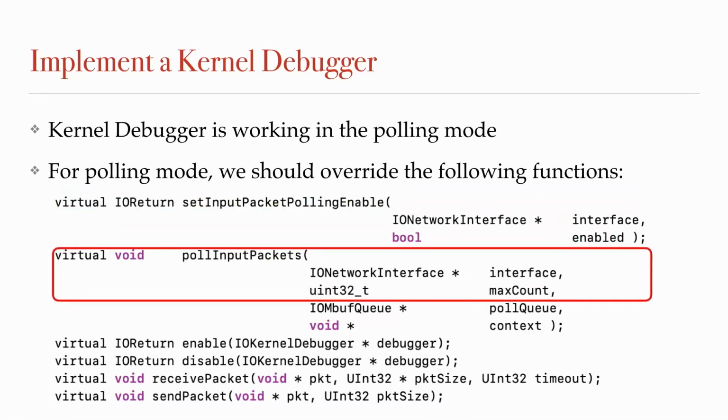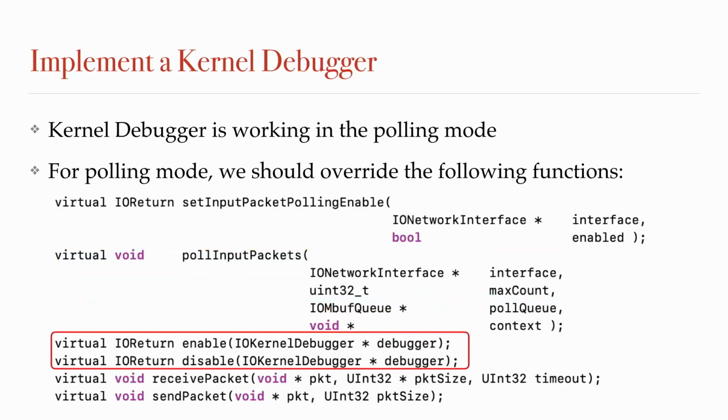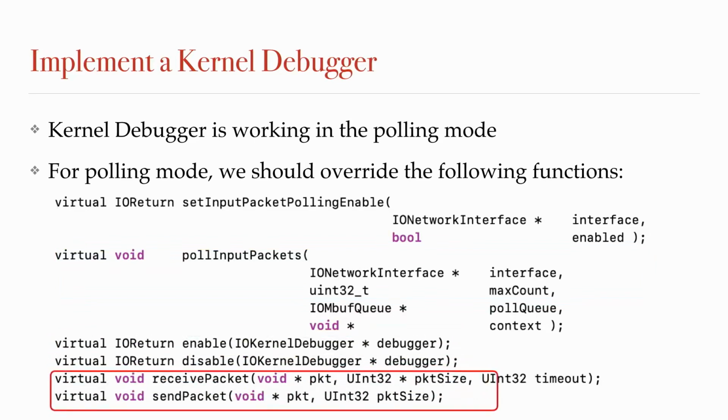The second one is called by the interface poller thread to retrieve input packets from the driver. The third and the fourth ones are the debugger controller. And the last two functions are used to be called by the debugger client to pull incoming packets or set outbound packets after a debugger client is attached.